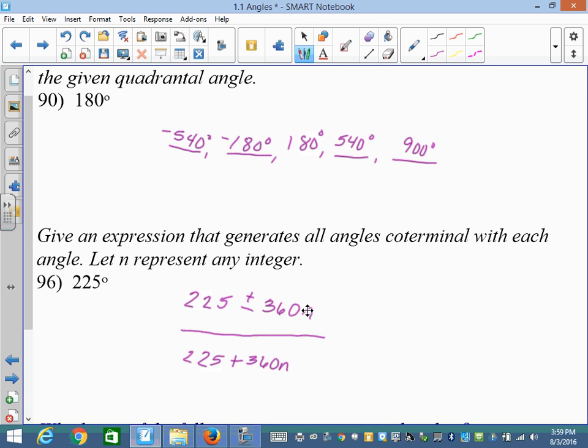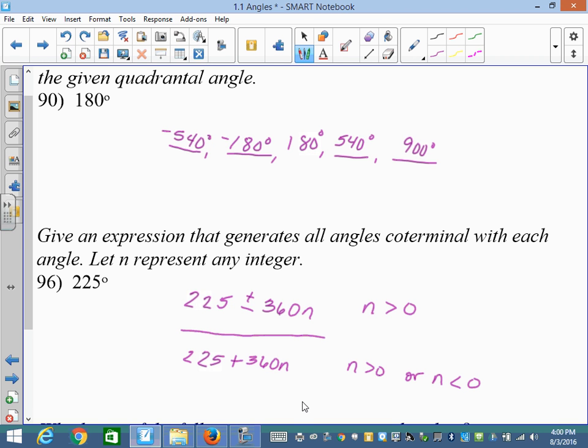Where this one here, my n value would basically have to be a positive integer. So this would be where n is greater than 0, and this one would be where n is greater than 0 or n is less than 0.